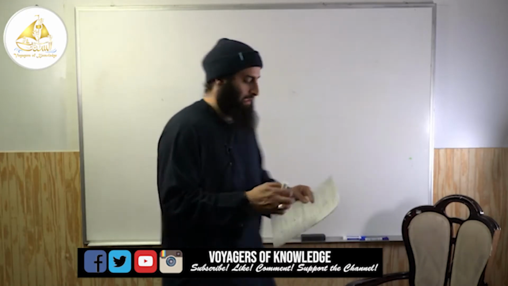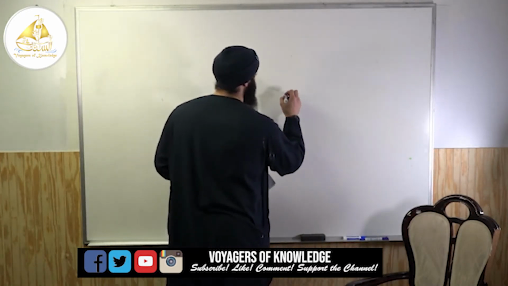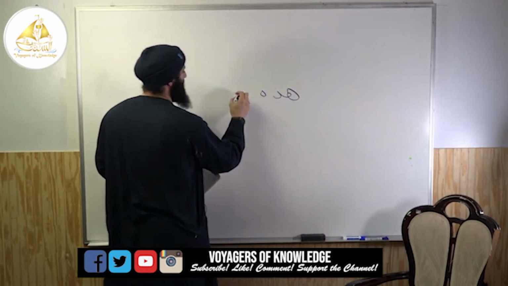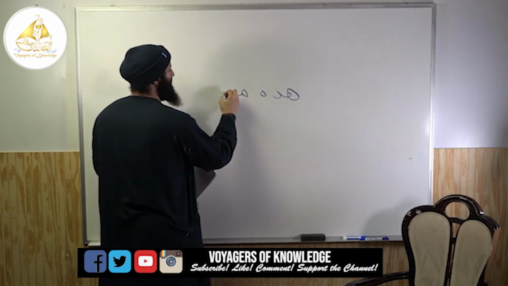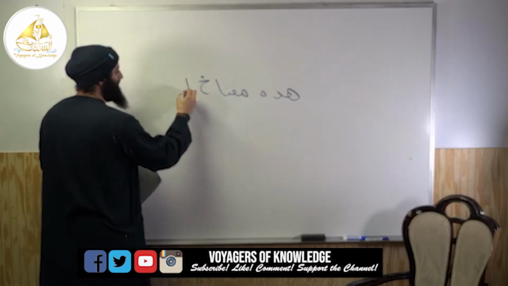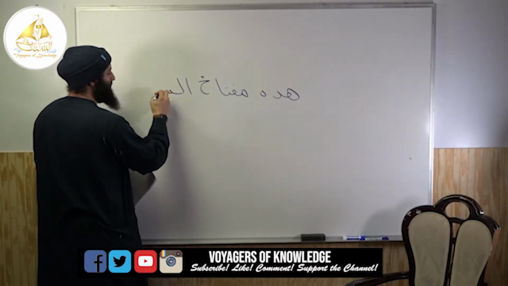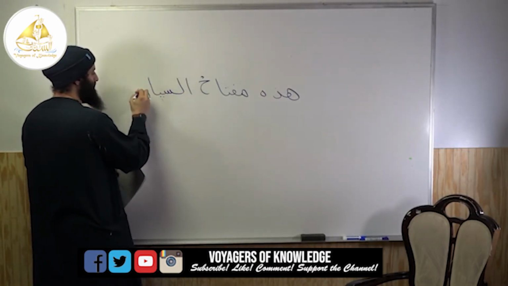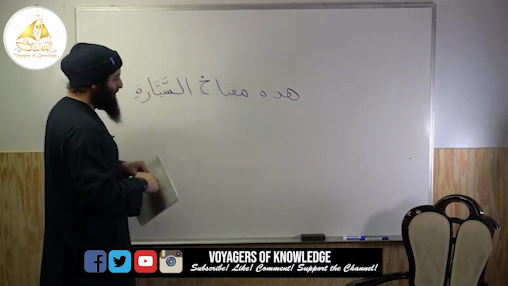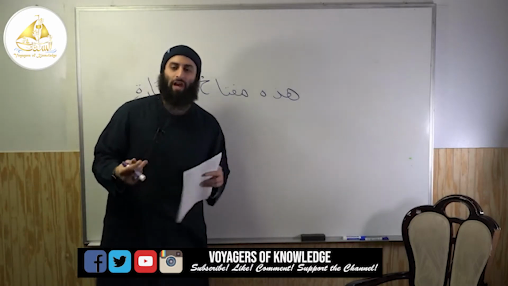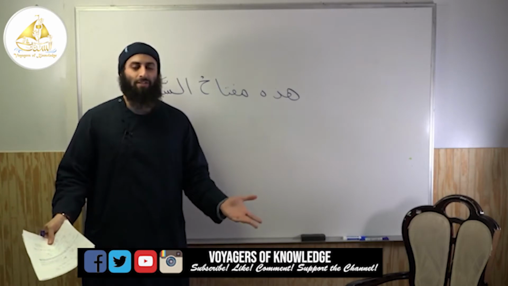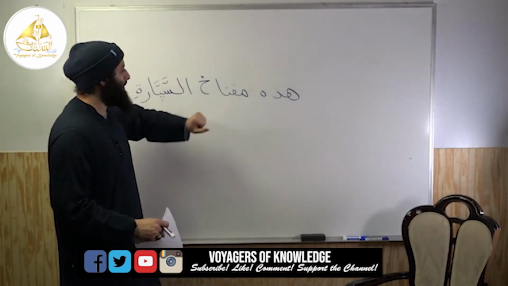Number 2. What I wrote on the board, or what I wrote in the test, was هذه مفتاح السيارة. All right. So this is what I wrote on there. Remember I said we have to use the right ismul ishara. Number 2 says correct the following sentence.